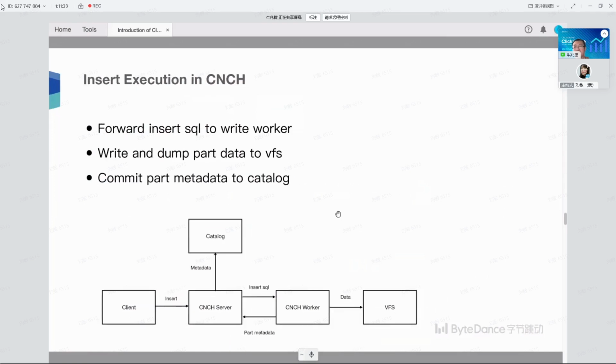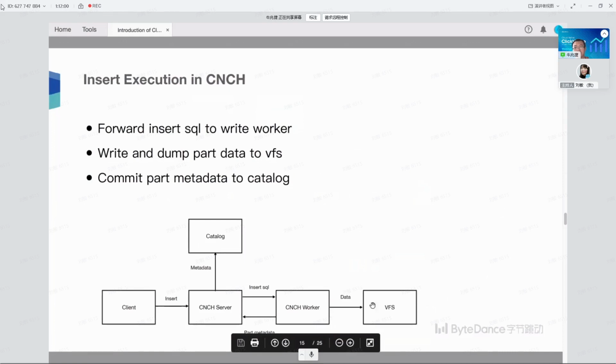Then for the write query, actually it's quite simple. You can imagine it's a reverse of the read. So first, when the server receives the insert SQL, it will directly forward it to a write worker, and the write worker will write the data to the virtual file system.